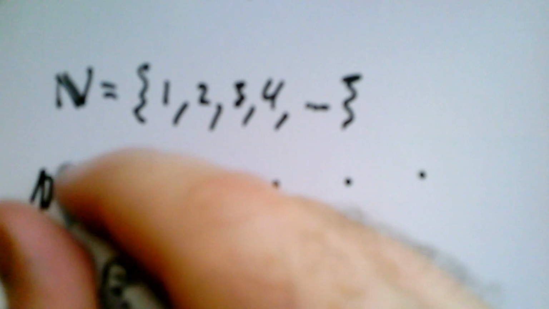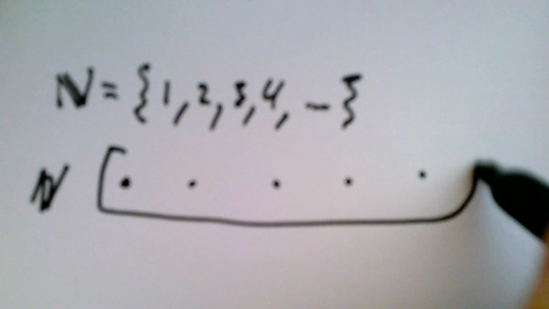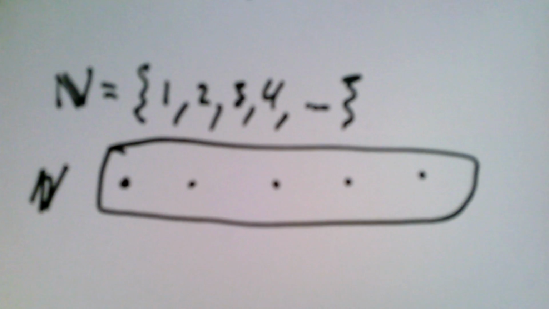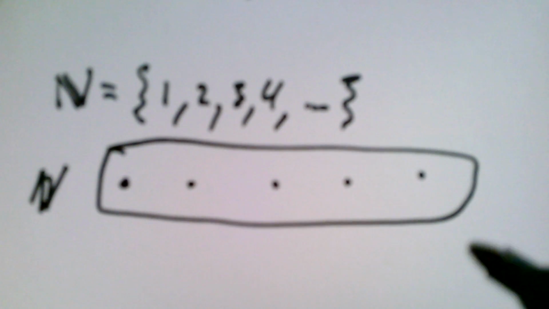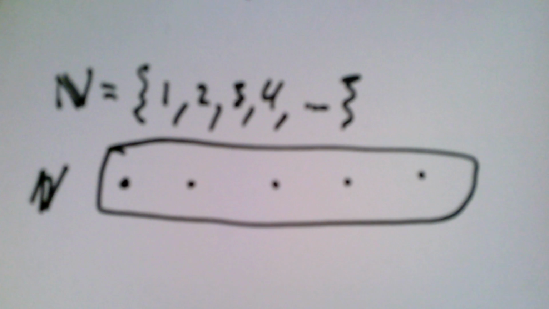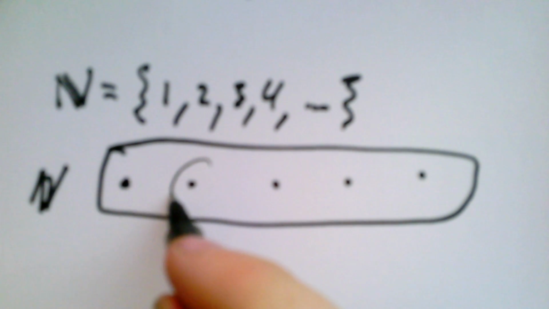This is N. Now, I want to show that any arbitrary point is going to be the singleton set containing it, the set that contains only that point of N.